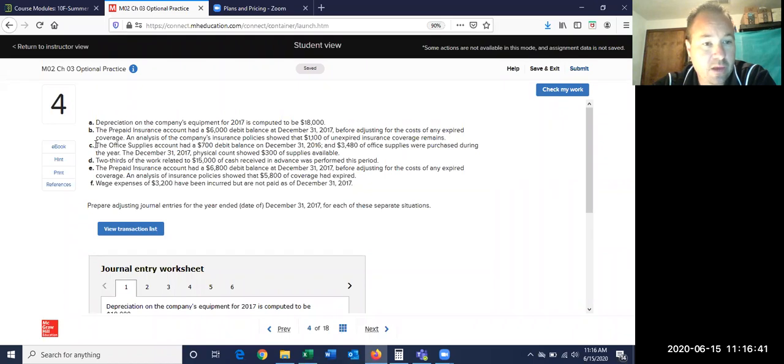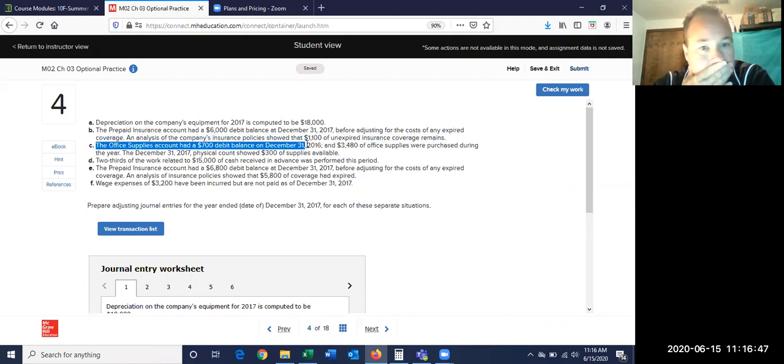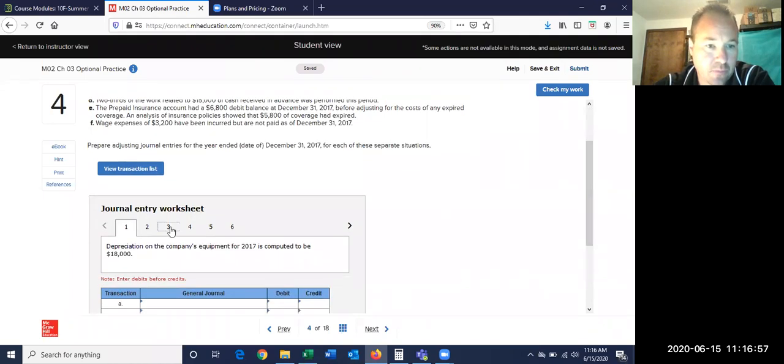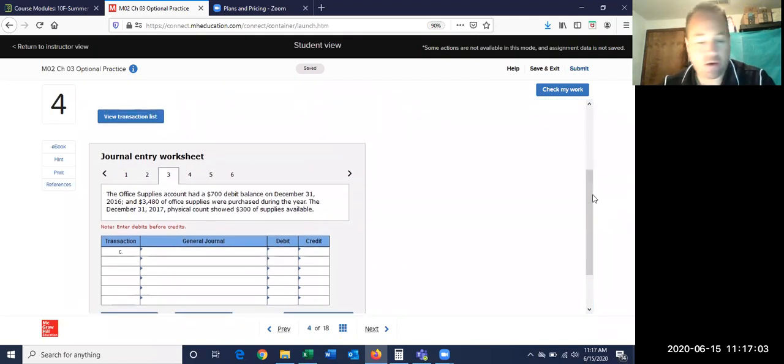This one on part C, they do it like how we did. Maybe we should go through this one. Yeah, let's just go through C, because this one's a little bit more involved. It kind of helps if you keep a little T account off to the side, and maybe I'll do that.